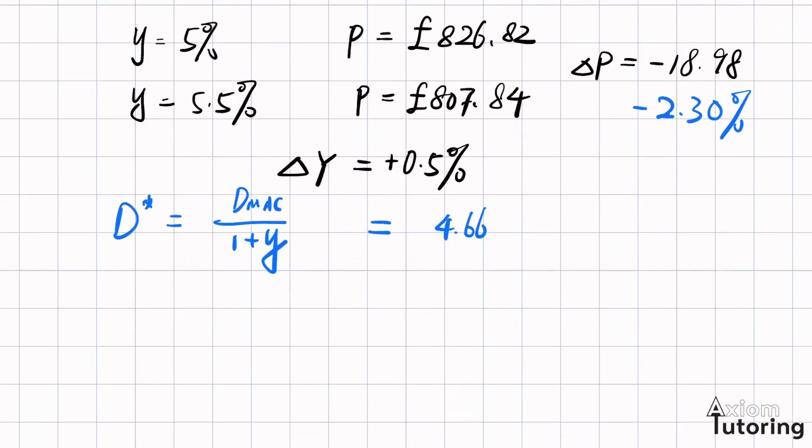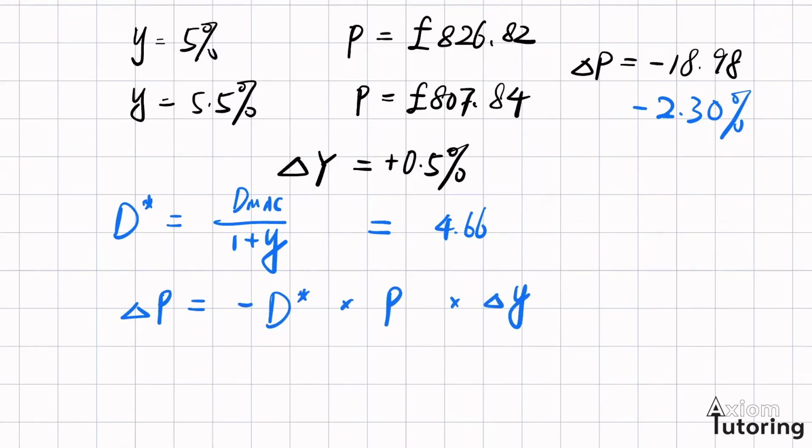How do we use the modified duration to calculate the approximate change in the price? Again, I'm just going to show you the formula first, and we'll derive this formula in the next video. The change in the price is going to be minus D star, the modified duration, multiplied by the original price of the bond and multiplied by the change in the yield.